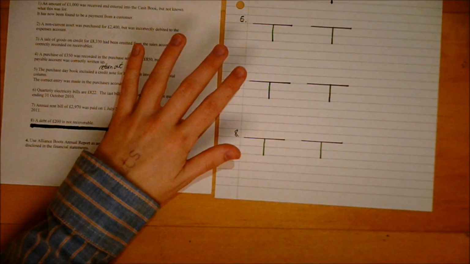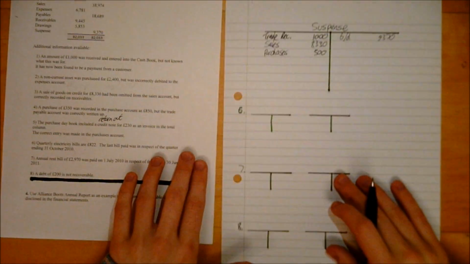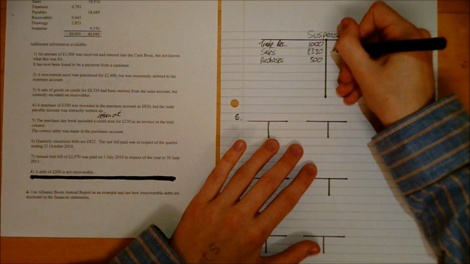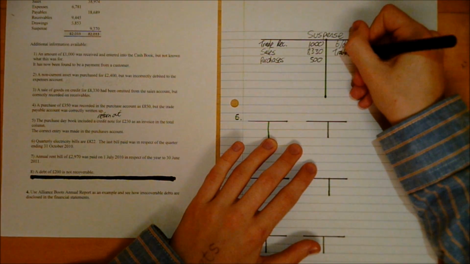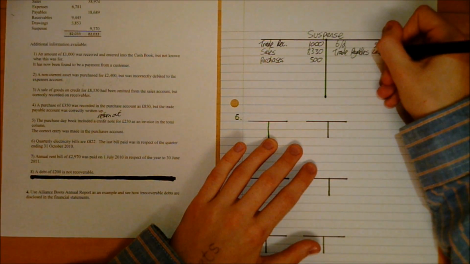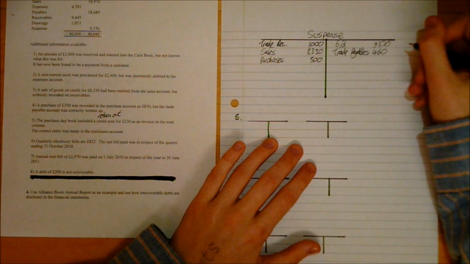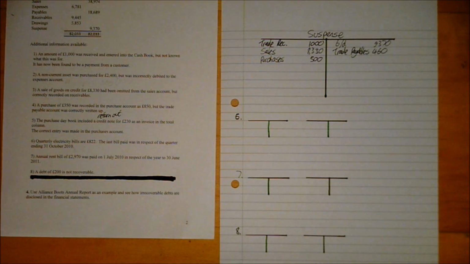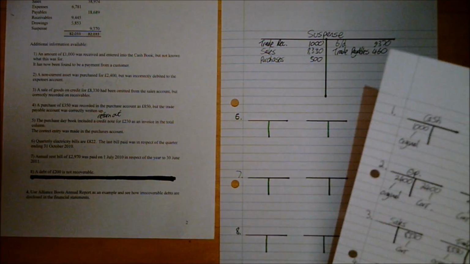So as a suspense account, it was from our trade payables. 460.